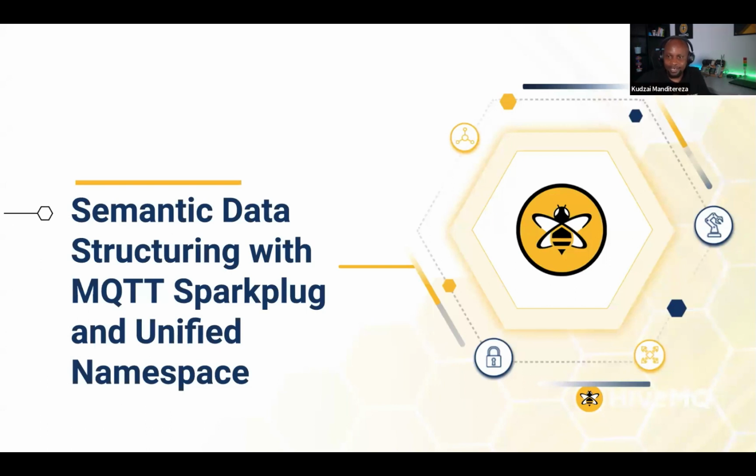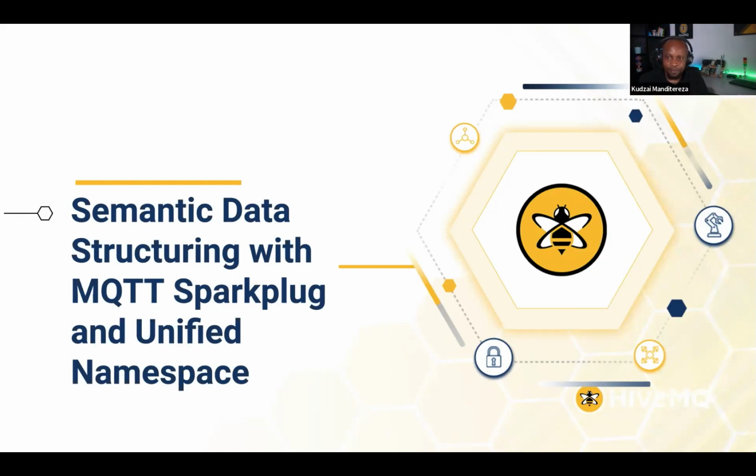Do I send that data into a data lake? Do I send that data into a data warehouse? How do I make that data available for consumption? So these are all the different options. Another option for real-time data consumption is to use a unified namespace, where you are creating a semantic structure of your data. That makes it easy for all the participants or analytic systems on your network to consume that data and go through that data.